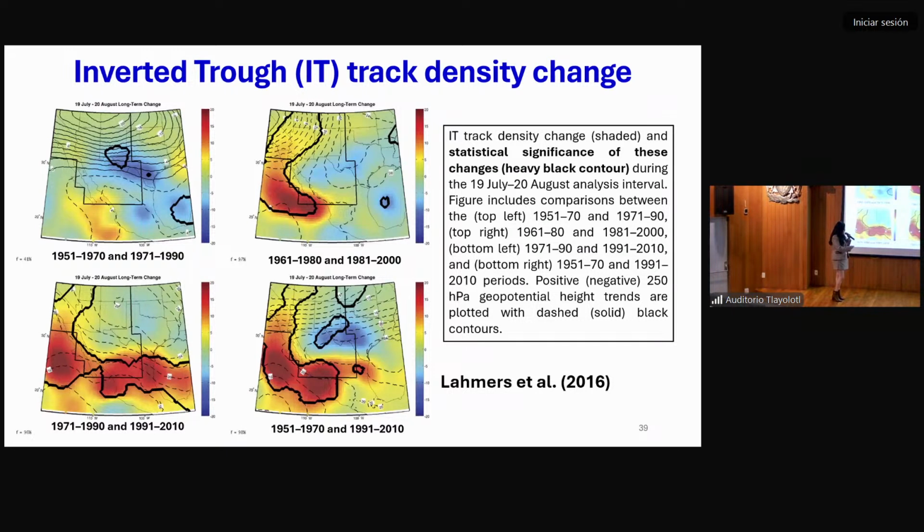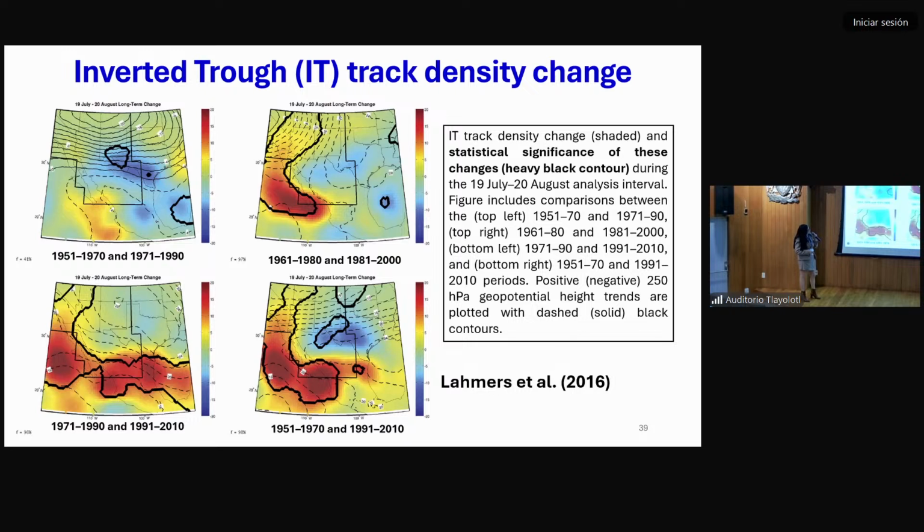And finally, I really love this result from Lammers et al. Because they also analyzed the inverted trough activity and compared different periods of inverted trough activity. In this figure, you can see that the changes are statistically significant.